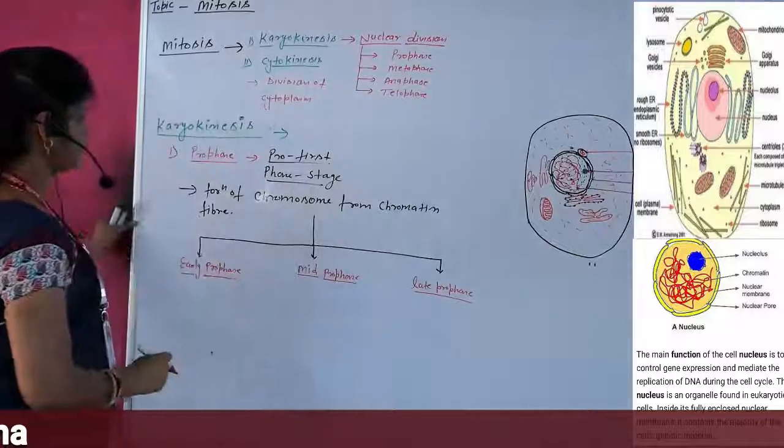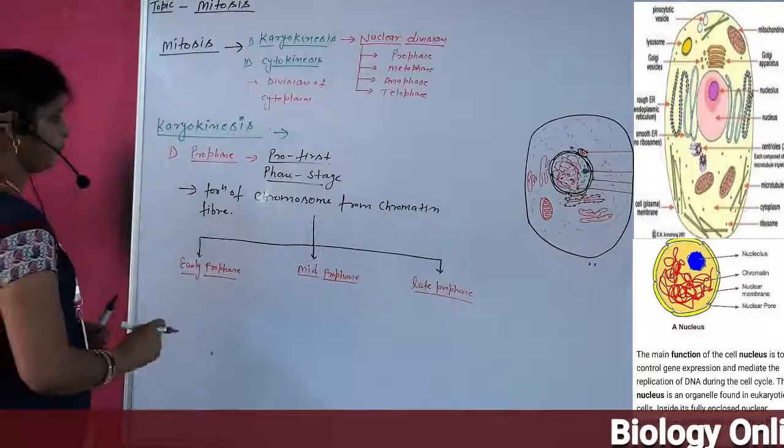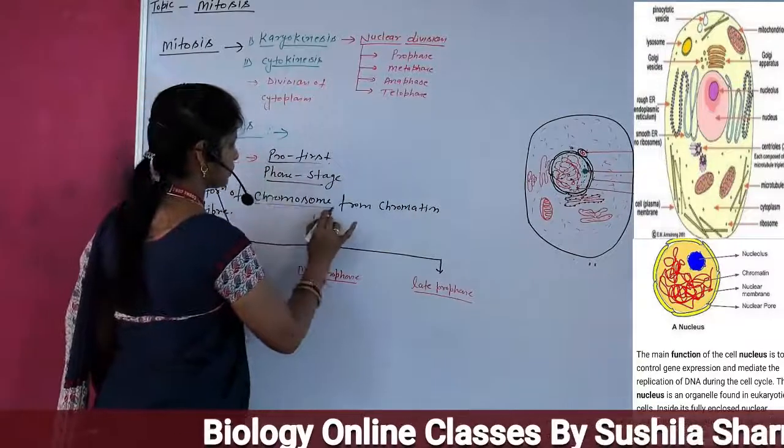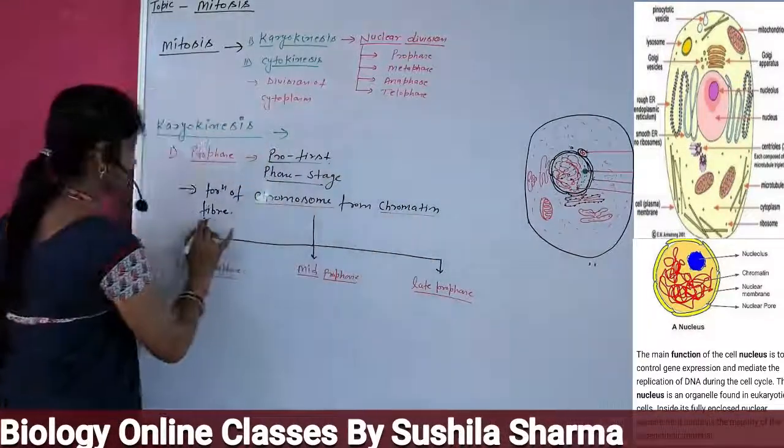These are the three subphases of prophase, and the main event of prophase is the formation of chromosomes from chromatin fibers.